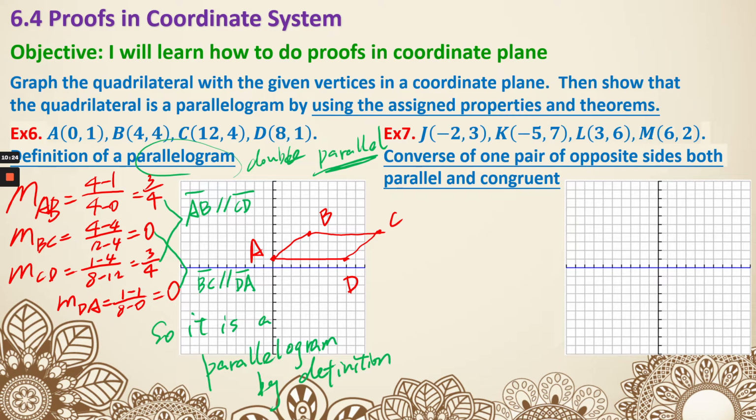Next, example 7. Start with a point: -2, 3, J. -5, 7, that's K. L is 3, 6, and then 6, 2, M. So connect them.